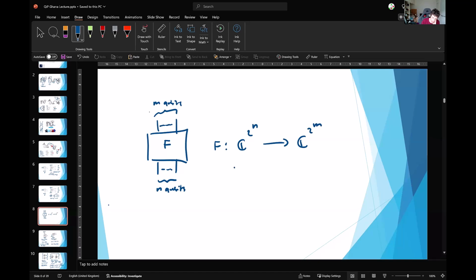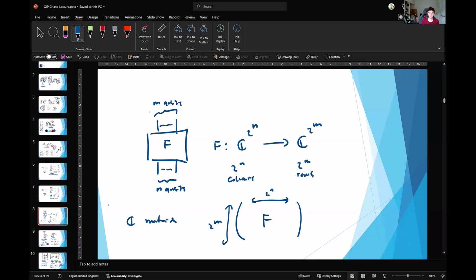So it has 2^n columns and 2^m rows. It's a very big matrix typically. This is what F would be, and it's a complex matrix. In general, that's what the boxes represent.